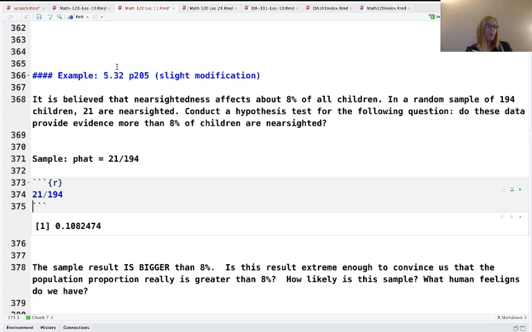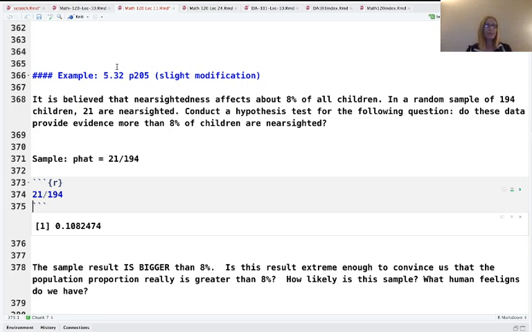Okay, so in other words, in this sample, yes, more than 8% of children were nearsighted. But, and here's the big but, does that mean that the whole population proportion is bigger than 8%?